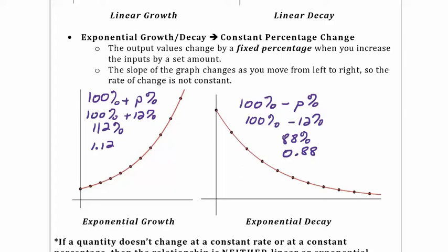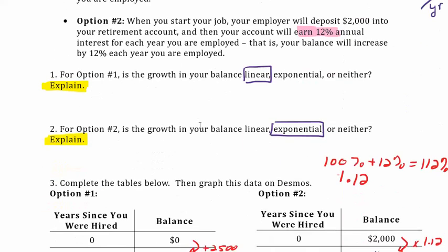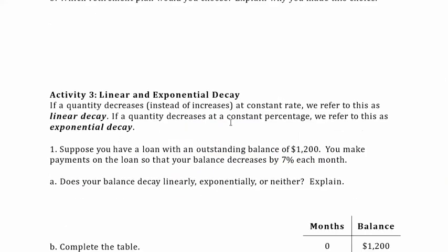All right, so your multiplier when you're doing exponential decay is going to be some number between 0 and 1. Right? 0.68, 0.75, 0.12. That would be quite a decrease. You'd have an 88% decrease if you're doing 0.12. If you're doing exponential growth, your multiplier is bigger than 1. Let's go take a look at activity 3.